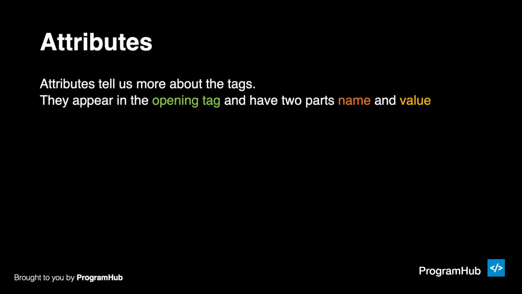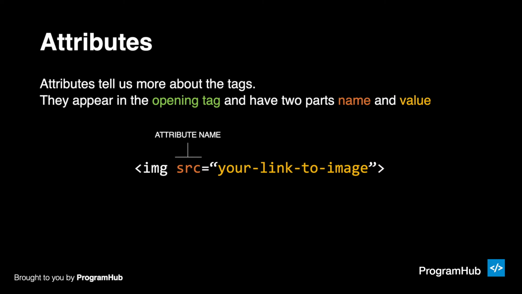For example, if you consider the image tag, you can see over here there's something written as src equal to your link to image. Now what does this mean? This is nothing but an attribute inside the opening tag. Over here src stands for the attribute name and your link to image is the attribute value.